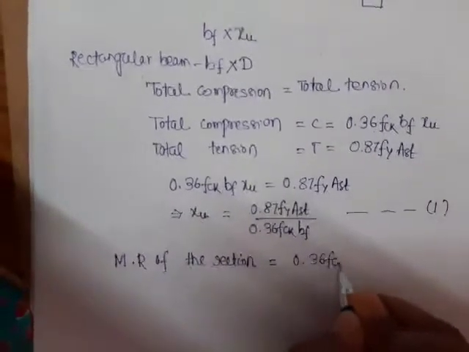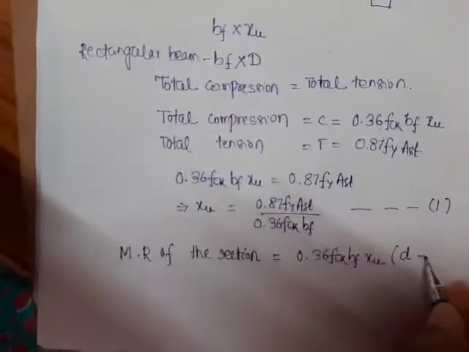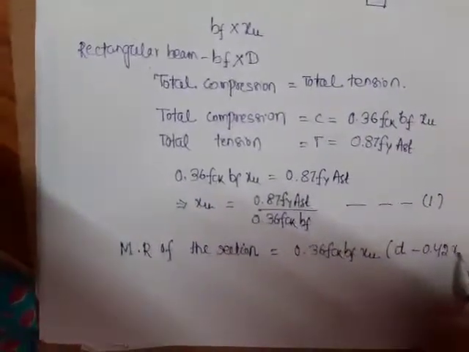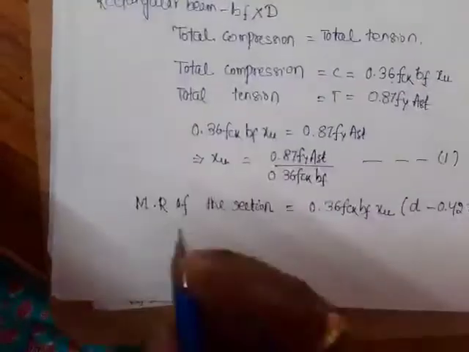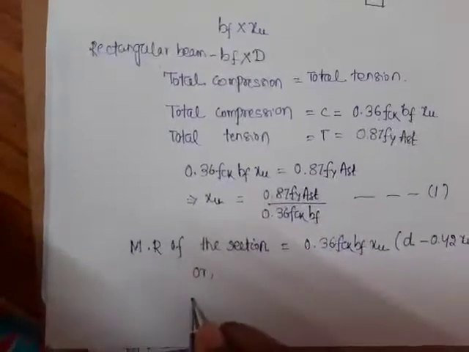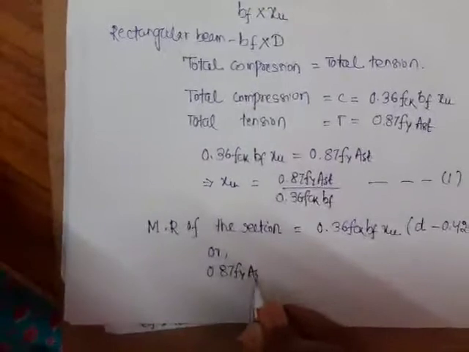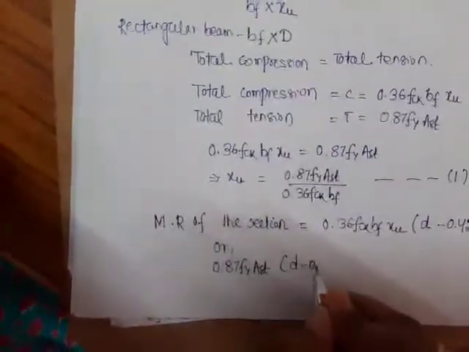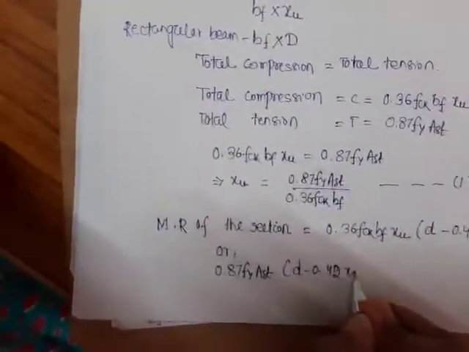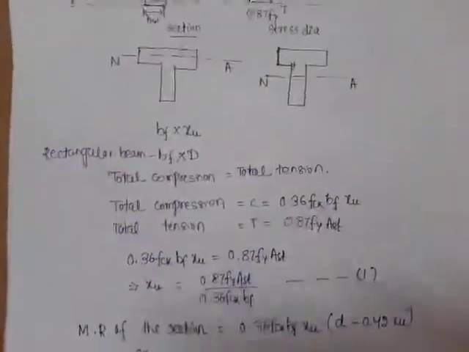So 0.36 FCK BF XU multiplied by the corresponding lever arm of D minus 0.42 XU, or 0.87 Fy AST whole into D minus 0.42 XU. So in this way, when the neutral axis lies in the flange, we can calculate the moment of resistance of the section. Thank you.